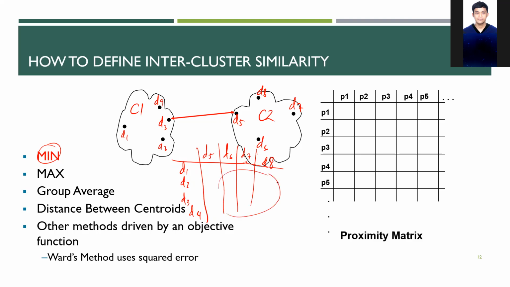And from all of these values, which one is the minimum? Finally we get that the closest one is D3 and D5. So the minimum value between cluster 1 and cluster 2 is the distance between D3 and D5.